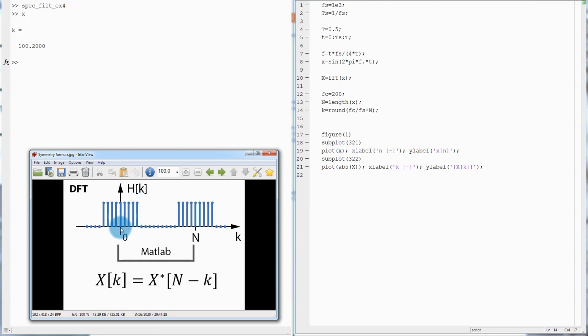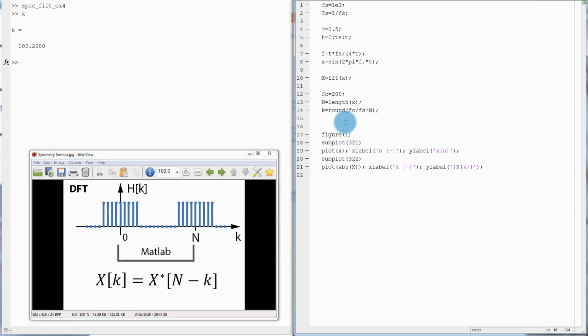Using this, I can now generate my frequency characteristic. At first I will generate it as zeros, and then I will set these lines to 1 and these lines to 1. Now I have generated those zeros, and now I will set the frequency characteristic from 0 to k to 1.